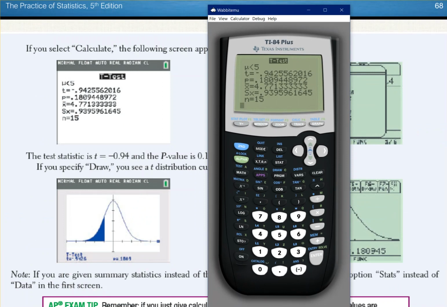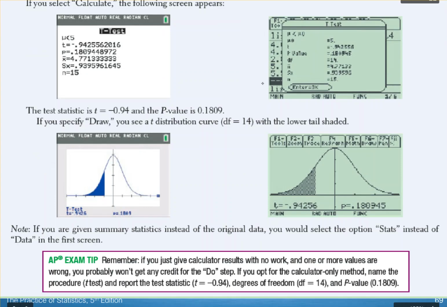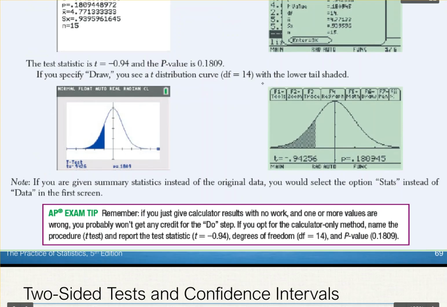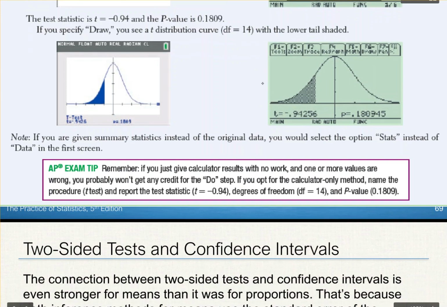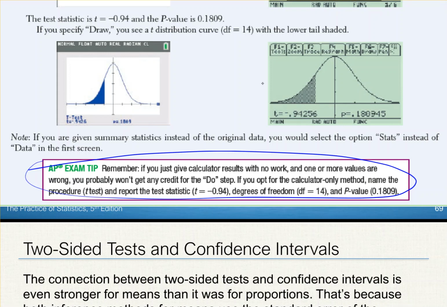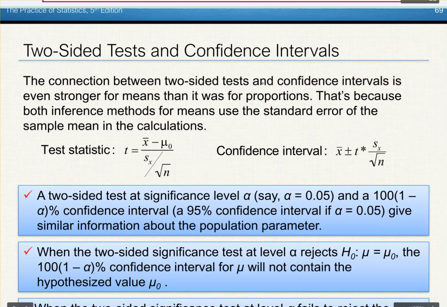You notice we have our test statistic t at negative 0.94, and so we get all that information. And then notice this AP test right there. But don't just plug it all in and go. Make sure you explain what you're doing on your calculator.